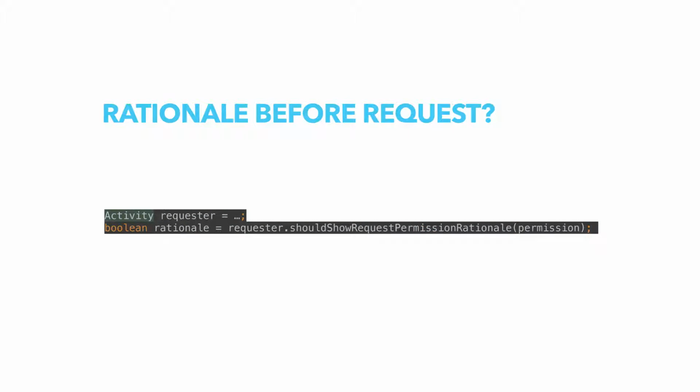Another handy thing that I guess our iOS friends don't really have is the idea of checking if we should show the user a rationale first. This is currently in Android: if a user has denied you a permission, and then you ask for it again, Android will come back and say you should probably show a rationale.